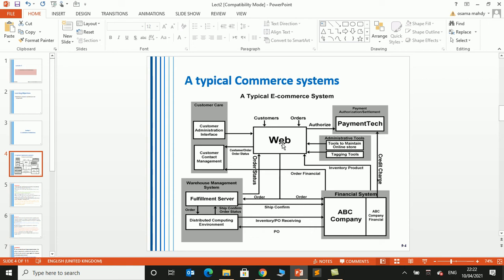So by web here, I mean the web server and database server and the web browser, and also the mail server. For instance, a mail server which sends and receives mail from customers, and a mailing list server which sends to customers for their interests.